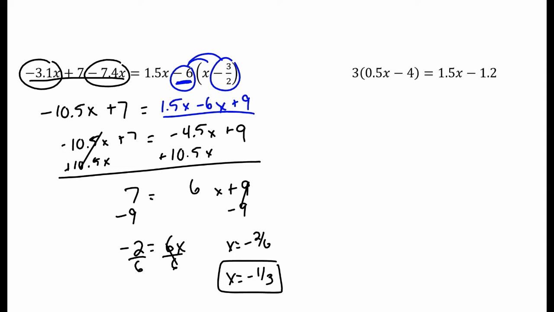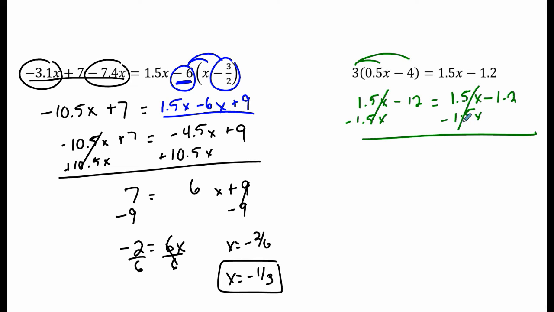Sliding on over here. I've got variables on both sides, so I'm going to use the distributive property to get me started. Negative 1.5x minus 12 equals 1.5x minus 1.2. I'm going to subtract 1.5x.